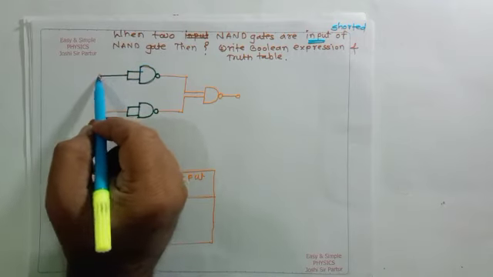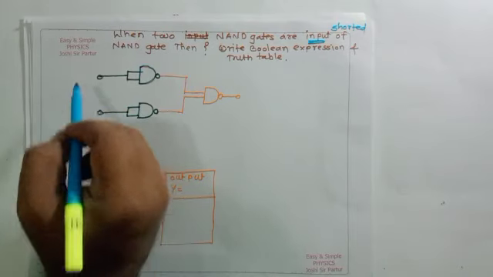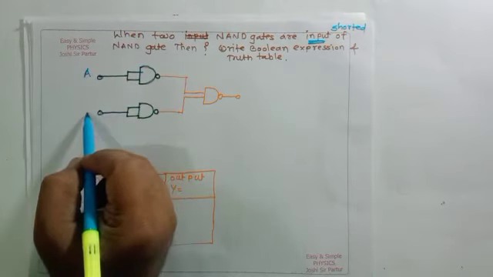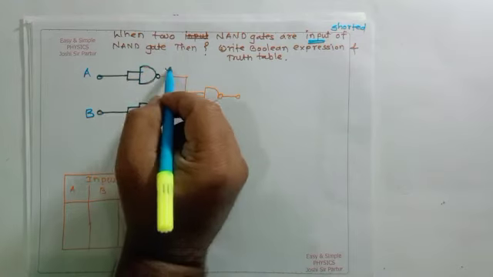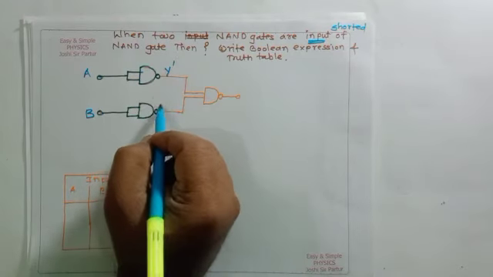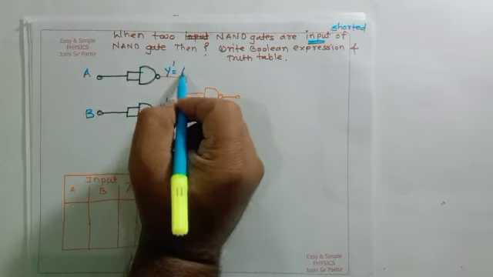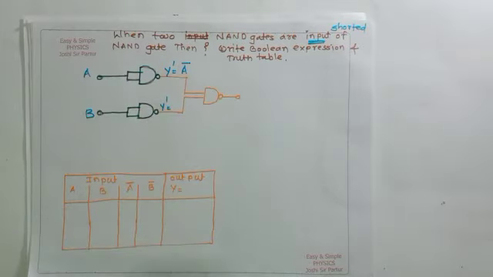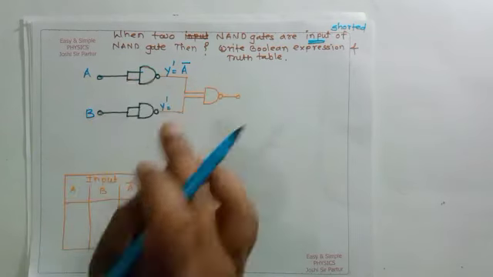The two NAND gates each have two inputs; one input is named A and another input is named B. Here Y dash will be the complement of A, because this NAND gate represents a NOT gate when its inputs are shorted.